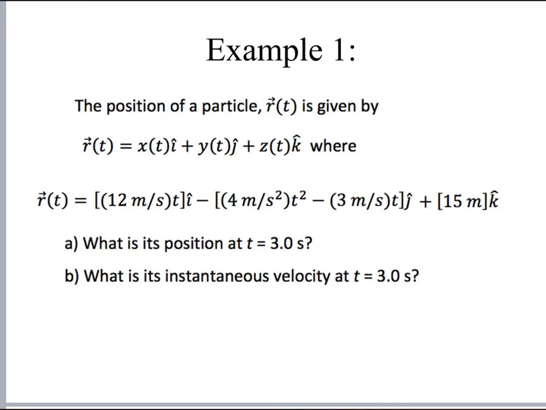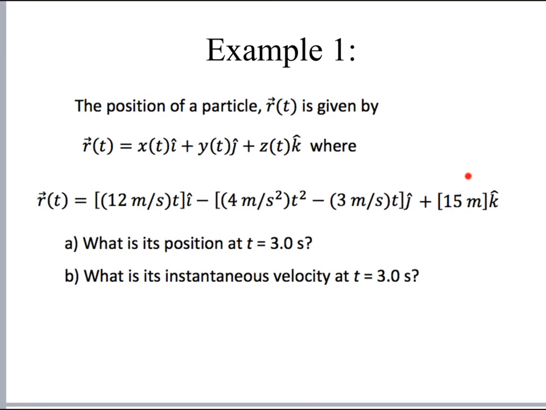And so we're going to have a specific example here. r of t is 12 meters per second times t in the i hat direction, minus, and this next term is big, it's in the brackets, 4 meters per second squared t squared minus 3 meters per second t. So that's all one term, and that's the function in the j hat direction. And so then for the k hat term, we just have a constant 15 meters.